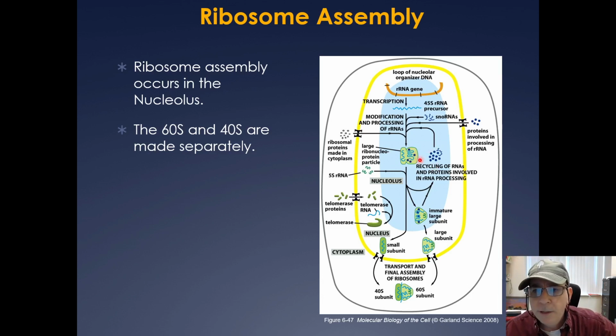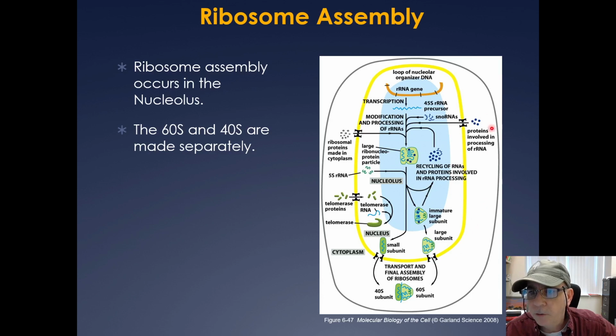Here you're starting to form the 60S and 40S ribosomal subunits, and then they get exported out of the nucleus so that they can be transported. This image also shows the telomerase proteins and the telomerase RNA, which add the telomere sequence to the ends of the chromosome, and that occurs at the nuclear periphery.